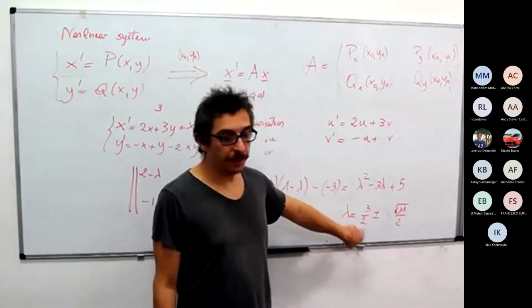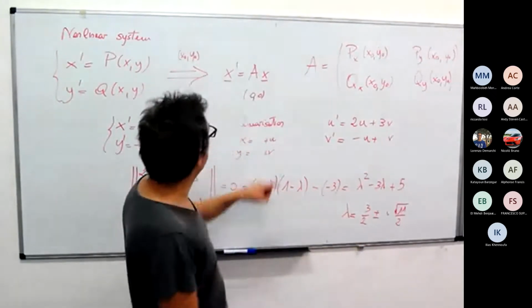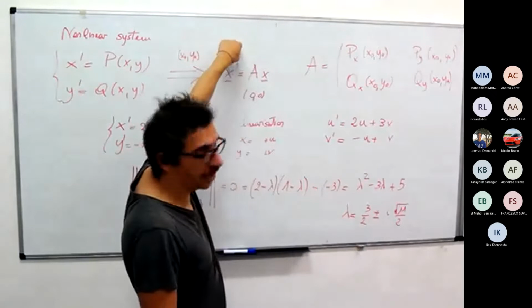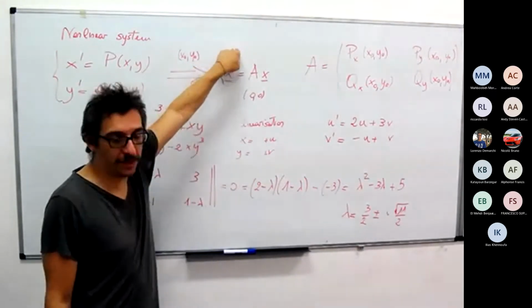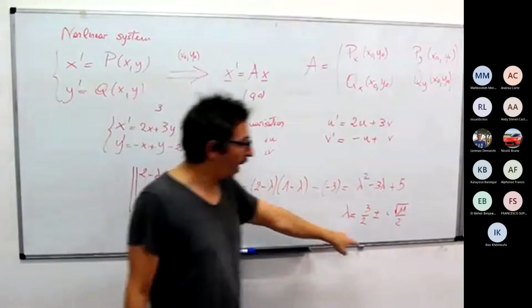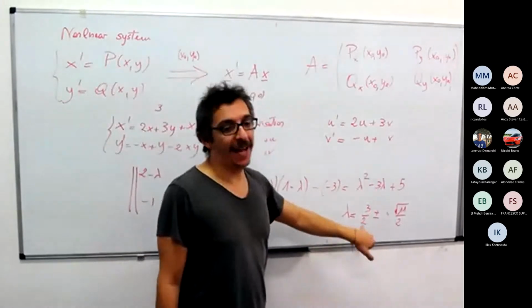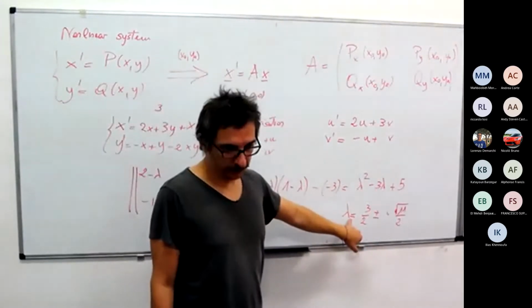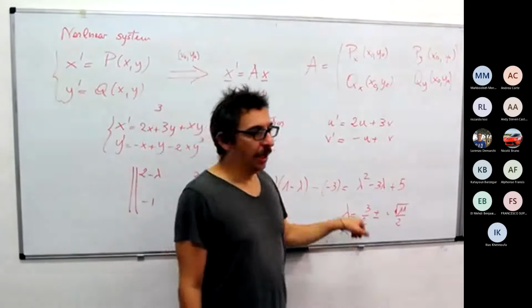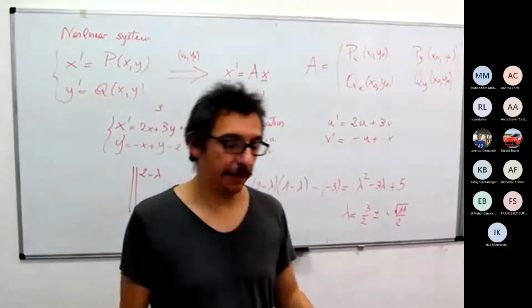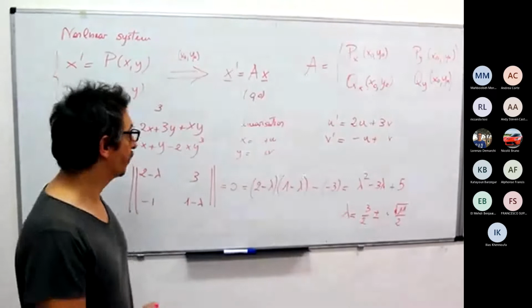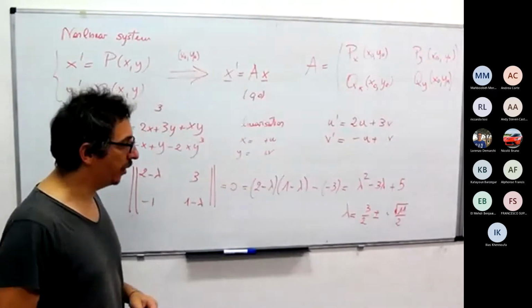So what does this mean? This means that the critical point for the linearized system, (0,0), is a spiral and is an unstable spiral. What do we know? That for a spiral, we can apply the Poincaré theorem.